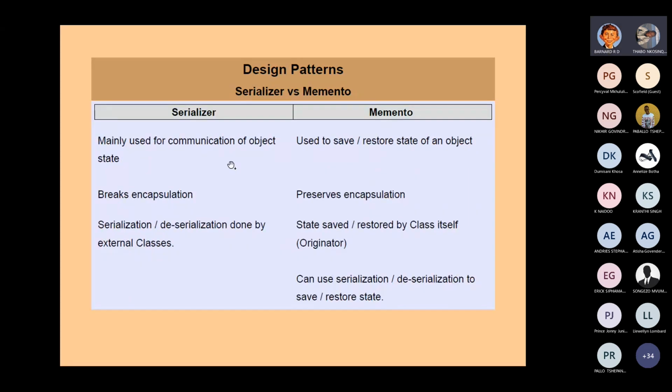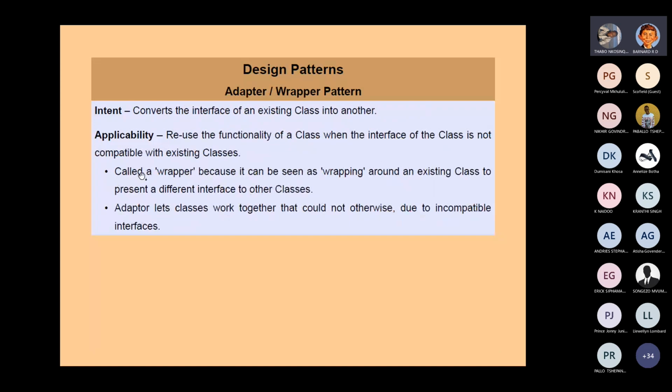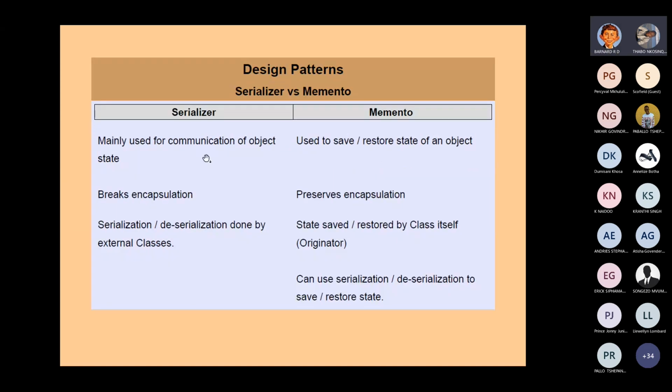Okay, then looking briefly at the serializer versus the memento. Don't get them confused. Unfortunately, your prescribed book does get them confused. The serializer is used mainly for the communication of the object state, whereas a memento is used to save and restore the state of an object.